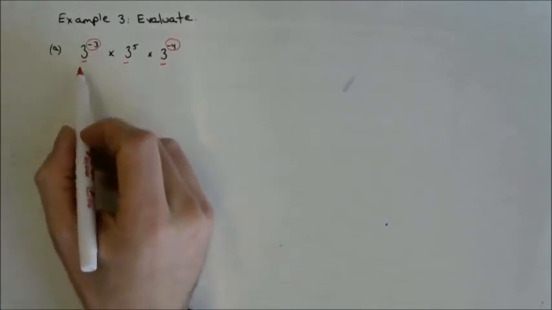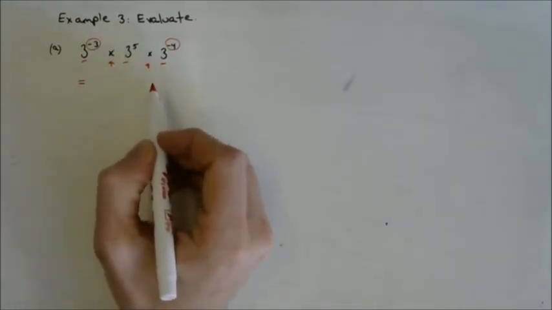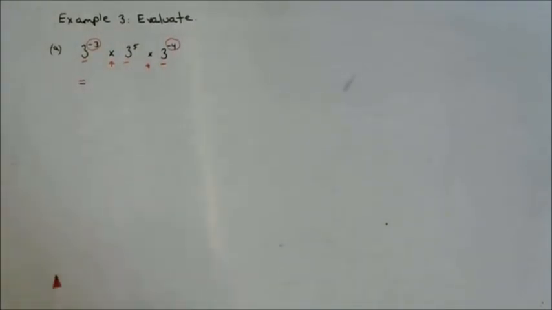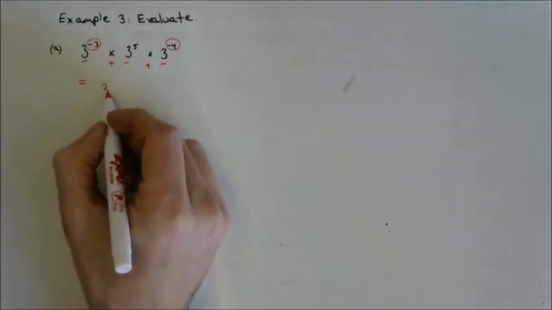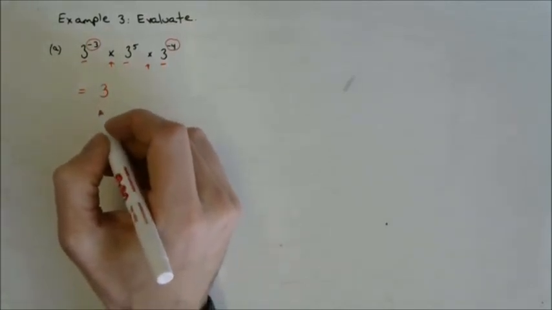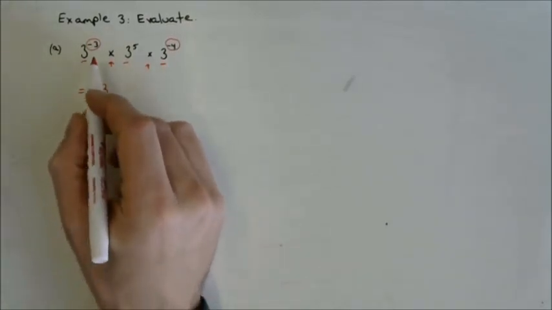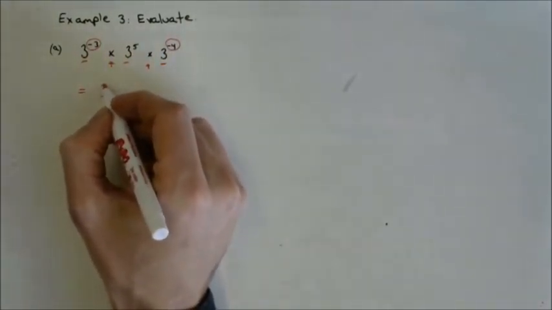We notice that we have powers with the same base, and they are all multiplied together. So we actually have the product rule of exponents, which says that if you have powers with the same base multiplied together, all you need to do is keep the base and add the exponents.